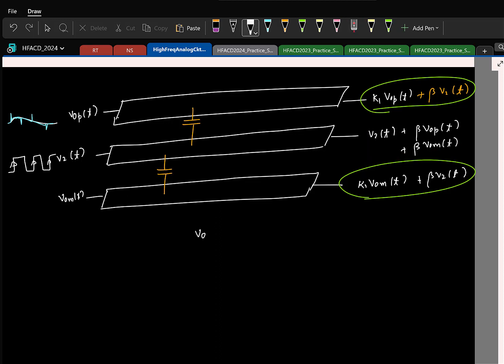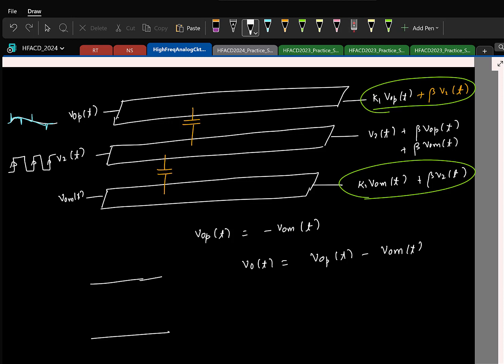So that's what we typically do also. We choose, so we know that V out of t was defined as the difference of these two, and on top of it you make sure that the two are negatives of each other.